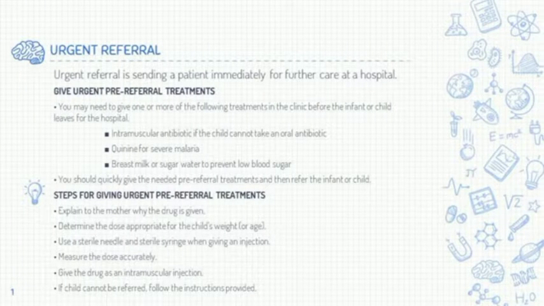A child presenting any general danger signs like unable to drink or breastfeed, vomits everything, convulsions, and is lethargic or unconscious is likely to have a very severe disease. In this case, the child needs urgent attention and care, hence urgent referral is needed.